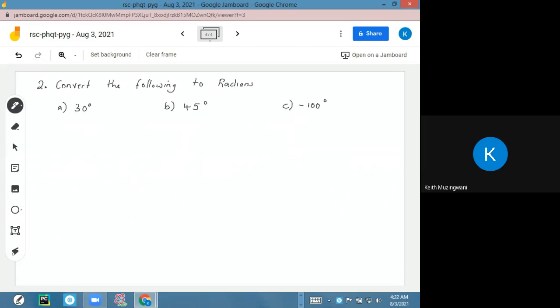I say, okay, the solutions. For A, we are multiplying 30 degrees by pi over 180. So you can see that the 0 and the 0 go, 3 here, 1, 3 here, 6. So we remain with pi over 6.